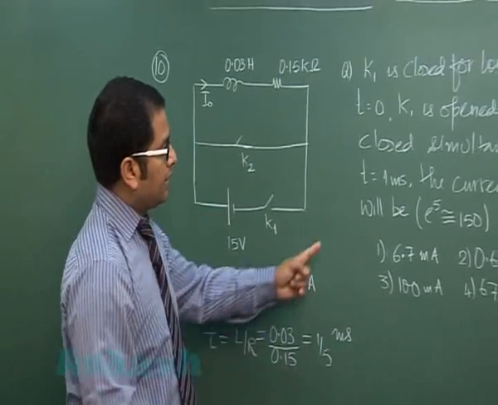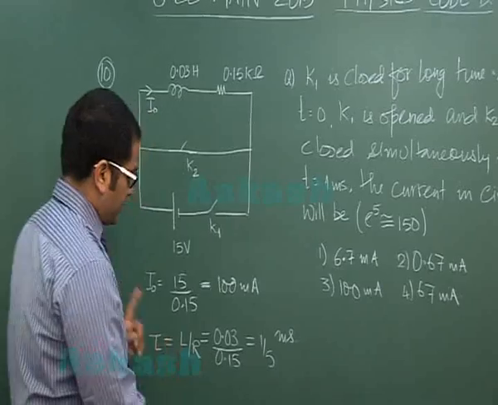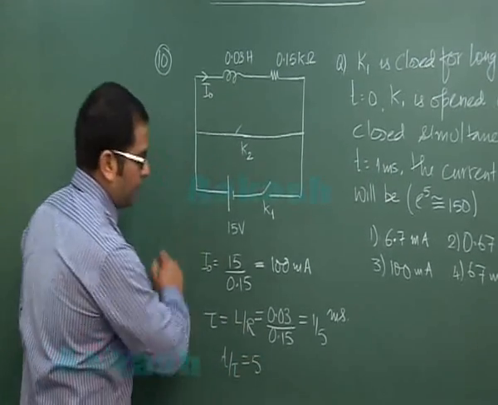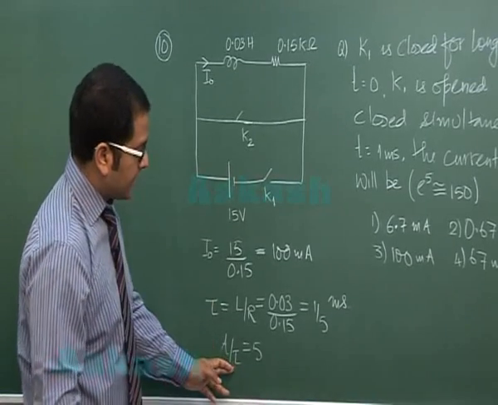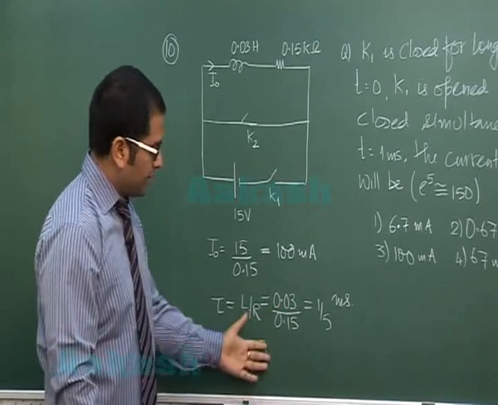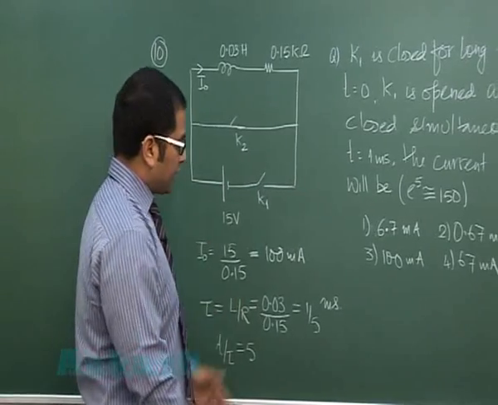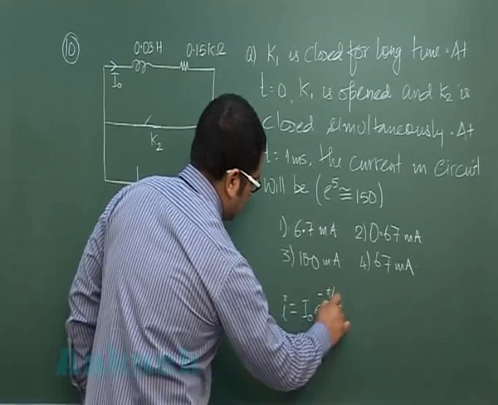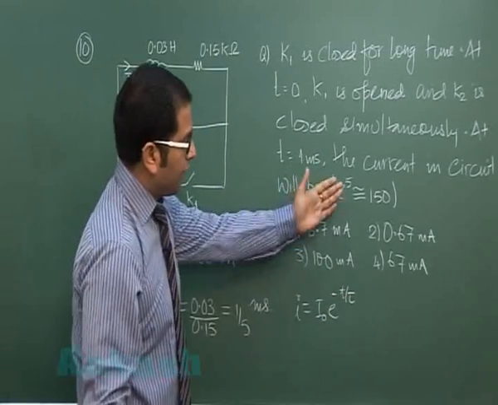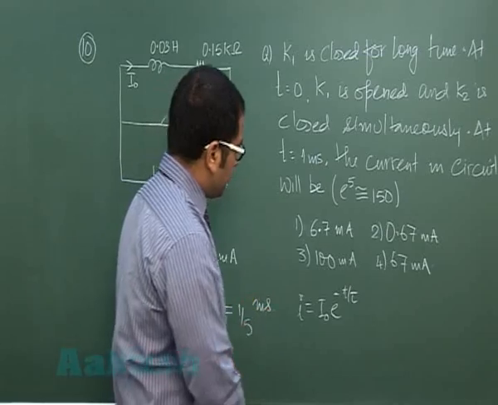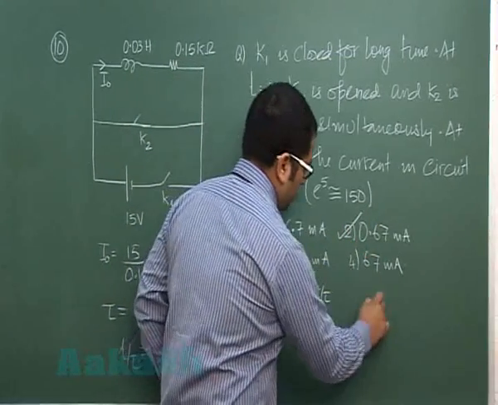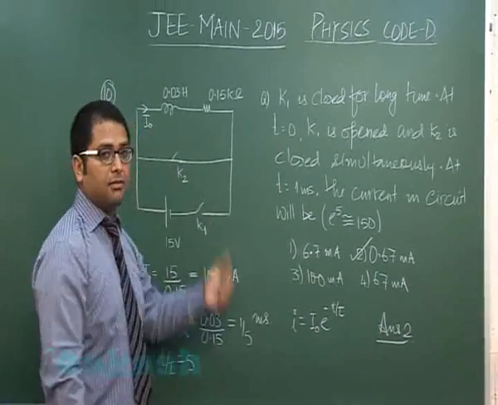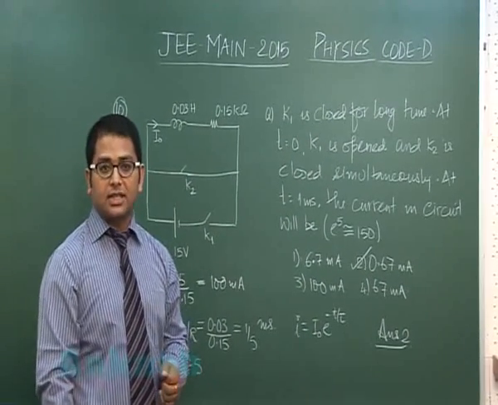And we need to calculate at t equals 1 millisecond. So t by tau is going to be 5, because the time is 1 millisecond and the time constant is 1 by 5. That's a simple calculation. Now all I need to do is plug it in, e raised to the power minus t by tau, and e raised to the power 5 is given. So this is a simple calculation and it would lead to option number 2. That would be the correct option for question number 10. Let's proceed to question number 11.